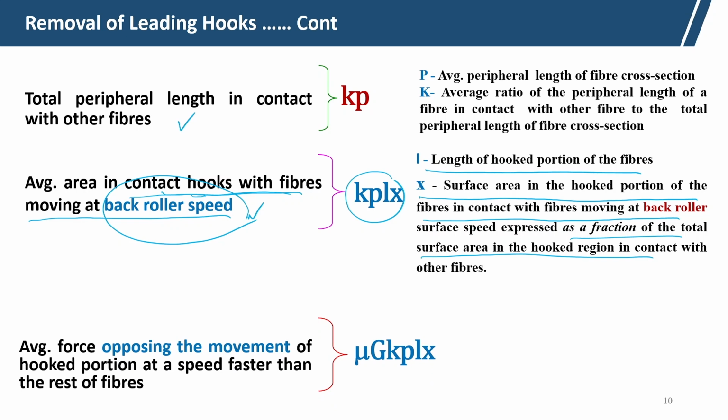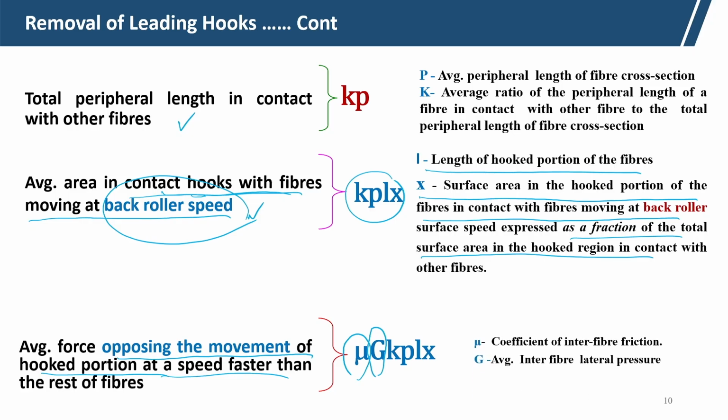So, the average force opposing the movement of the hook portion at a speed faster than the rest: this is the area, where mu is the coefficient of friction and G is the interfiber normal force, that is, the lateral force.